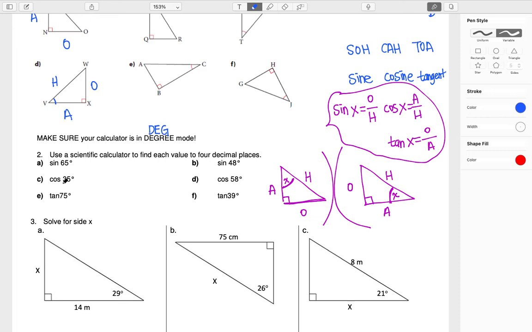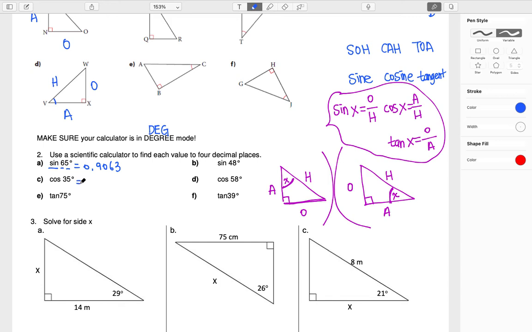When you see them on the calculator, press sine 65 and then press enter. Once you press enter, for sine 65 degrees, the ratio is going to be 0.9063.